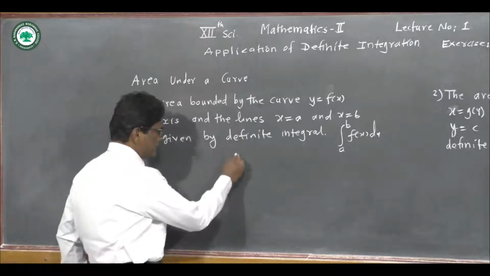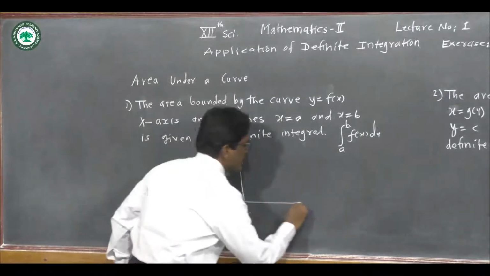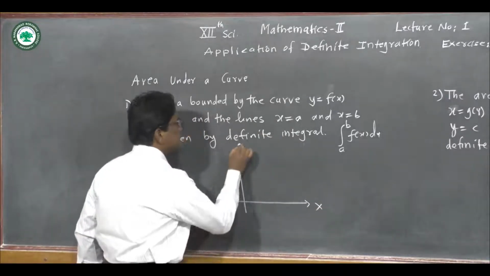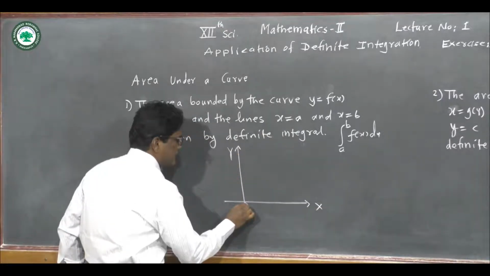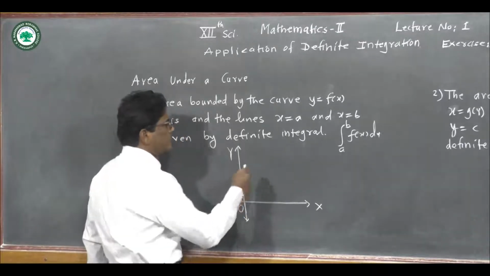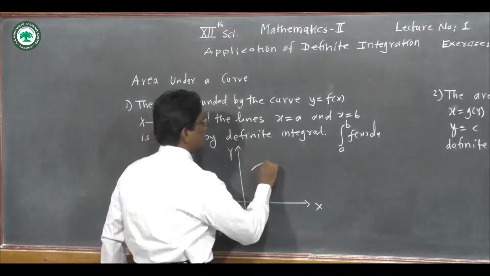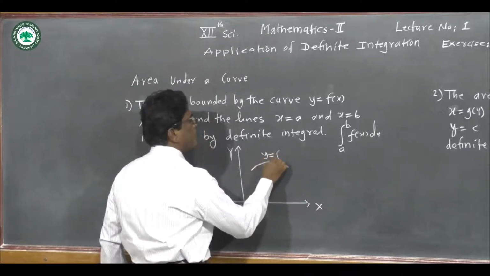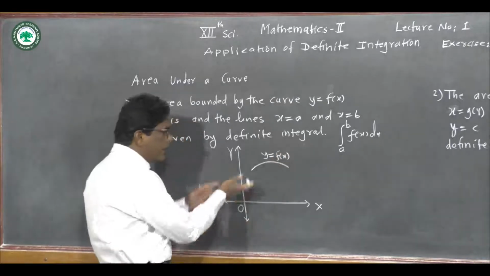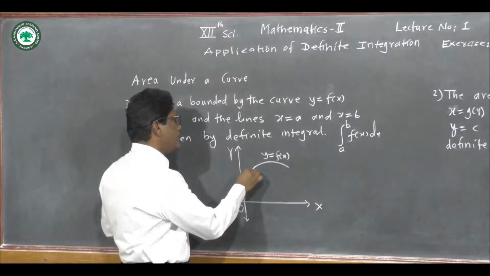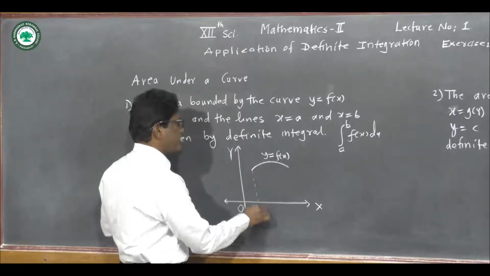So suppose here these are the coordinate axes, x-axis and y-axis, intersecting point origin O. Now here this is the curve y is equal to f of x, and we want to find the area under this curve. Area under this curve is like this.